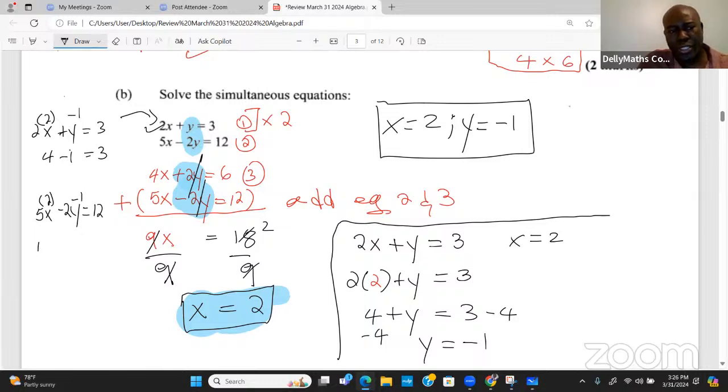So 5 times 2 is 10. -2 times -1 is +2, and it does equal 12, which means that we check this out and it is also correct. So whenever you solve your simultaneous equation, you want to verify. The verification process will seal the deal. It will tell you that what I just did is definitely correct, right? So x is equal to 2 and y is equal to -1.